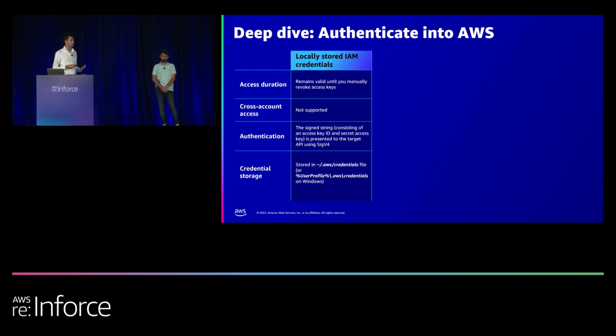Once those IAM access keys are created, they are active until they're manually terminated or rotated. There's also no cross-account support, and your authentication is all handled by a single static file that has those keys in an unencrypted format on your local resource. So they're not exactly protected. Yes, everything is encrypted in transit when the calls are made, but the underlying access key pair is in clear text on that actual resource that's making the call.